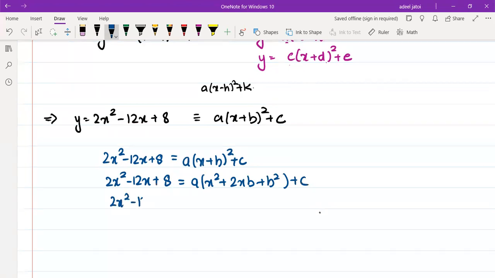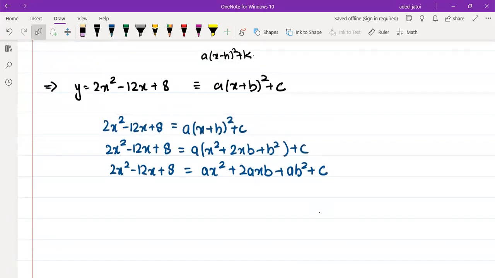2x square minus 12x plus 8 can be written as a x square plus 2xb plus b square plus c. This can be opened up as ax square plus 2axb plus ab square plus c. Knowing the fact that it will be compared, 2x square will be compared to ax square. So a value is 2.